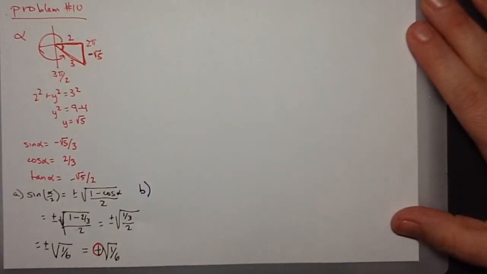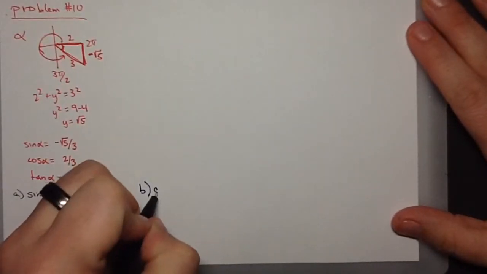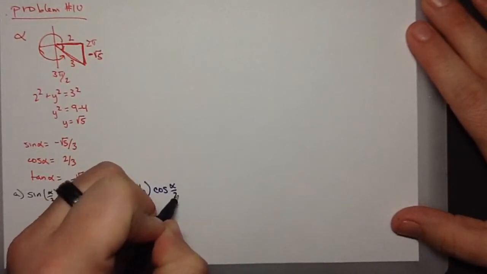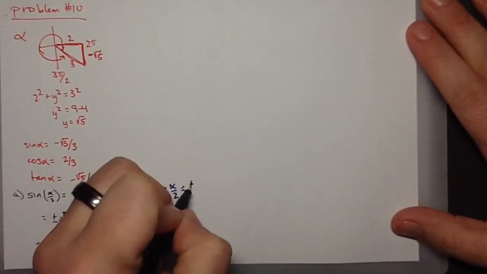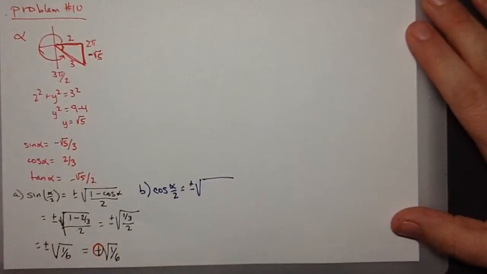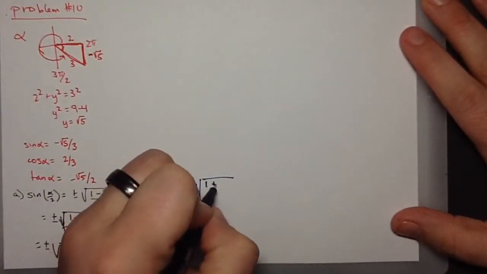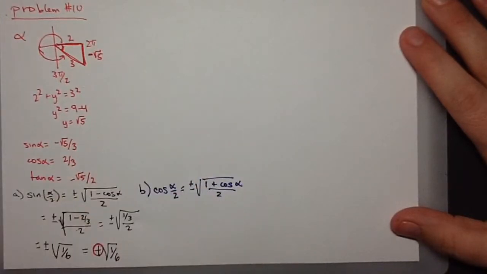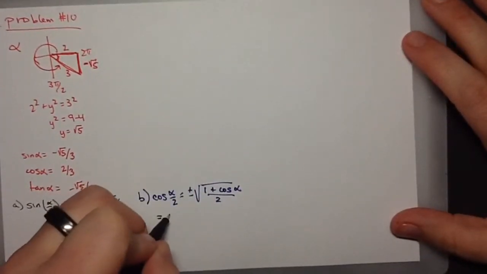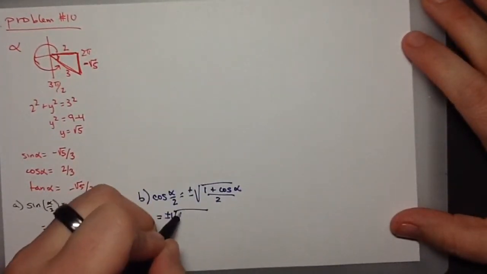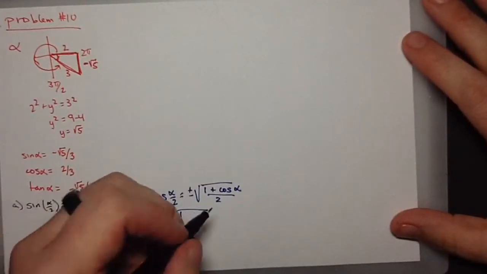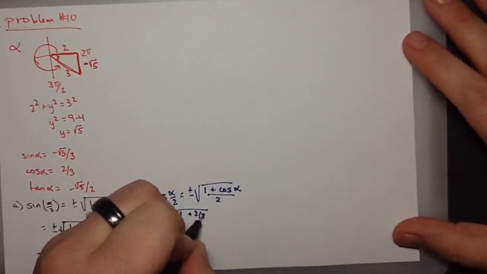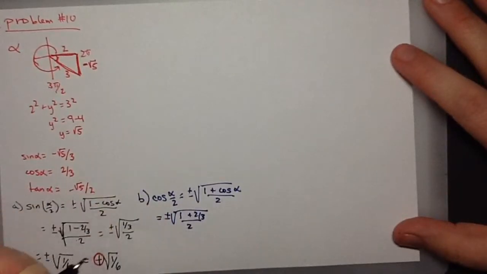They ask us to find the cosine of alpha over 2. Okay, well this is still plus or minus the square root of 1 plus the cosine of alpha over 2. So that's plus or minus the square root of 1 plus 2/3 over 2.